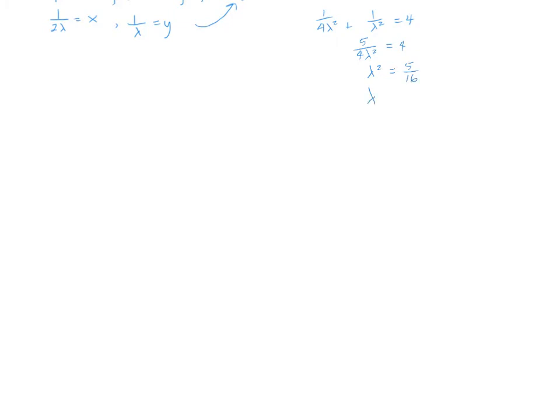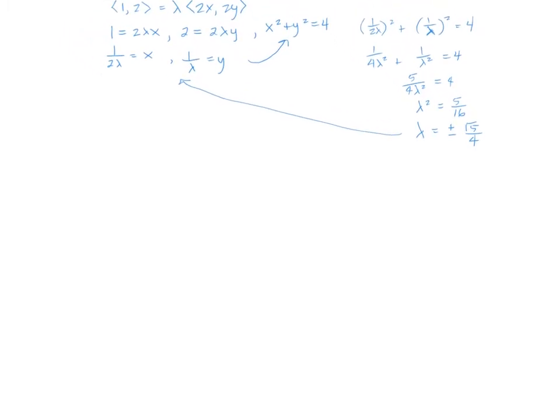Our lambda is going to be equal to plus or minus the square root of 5 over 4. So I found my lambdas. I am now going to plug those values into my x and my y, so that my x value, let me write down which lambda I'm using.